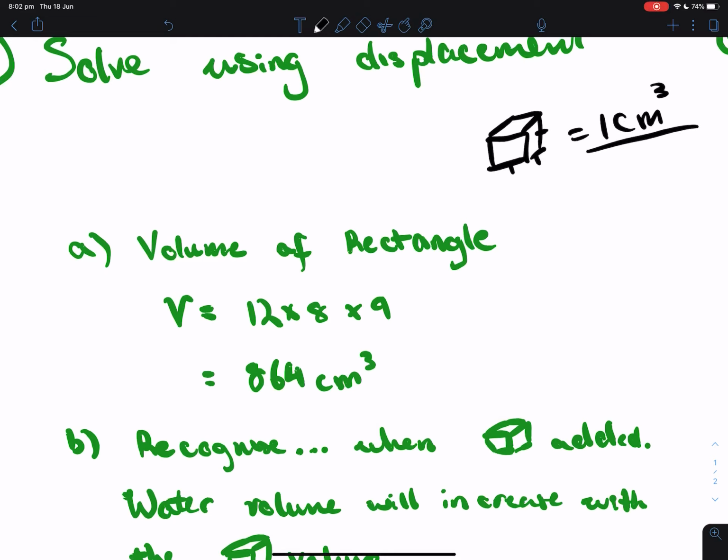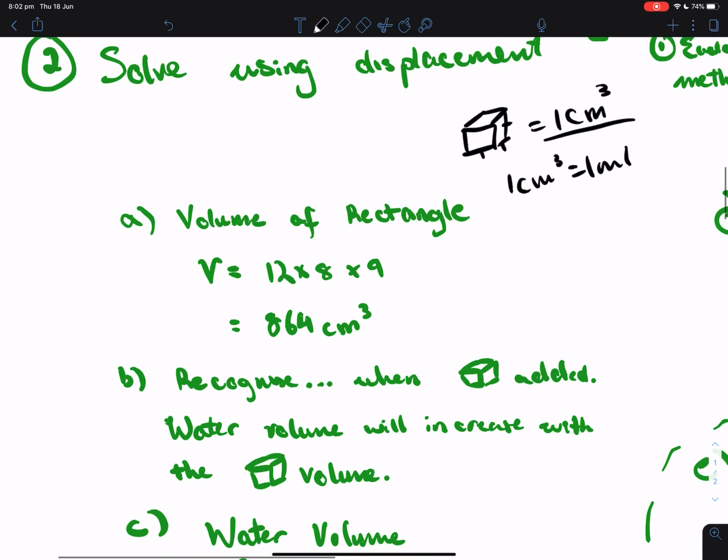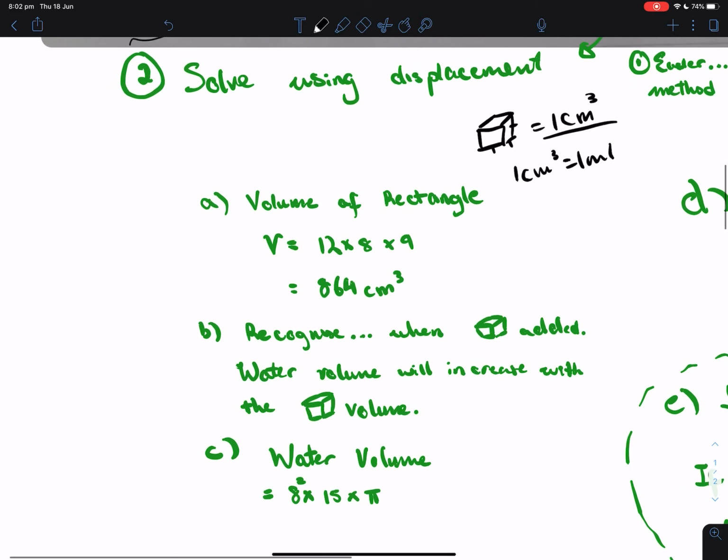So the water level will rise to 51 milliliters, because 1 cm cubed is equal to 1 mil. If you jump in a water bath, it will rise the same amount of volume your body displaces.